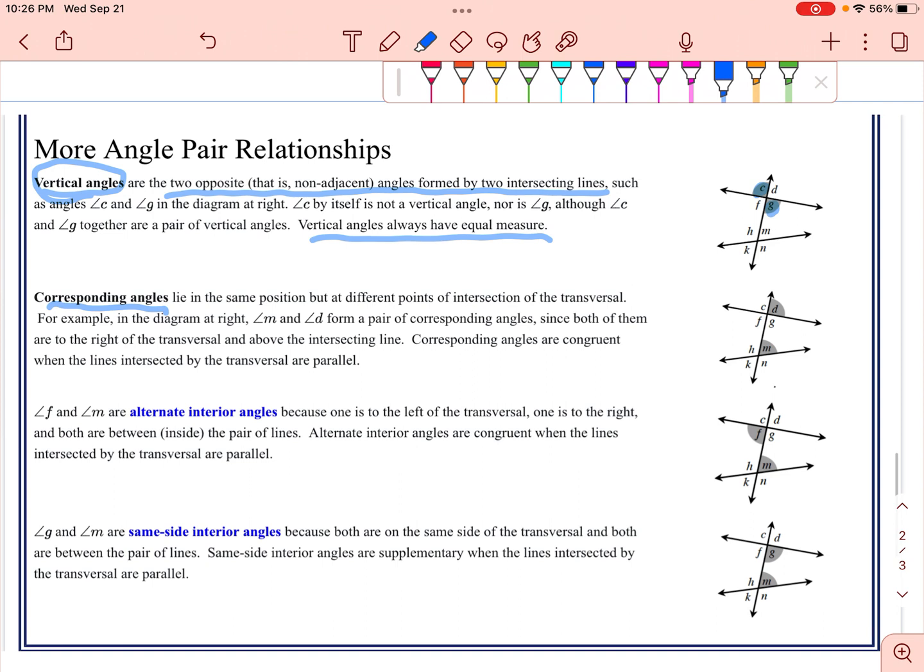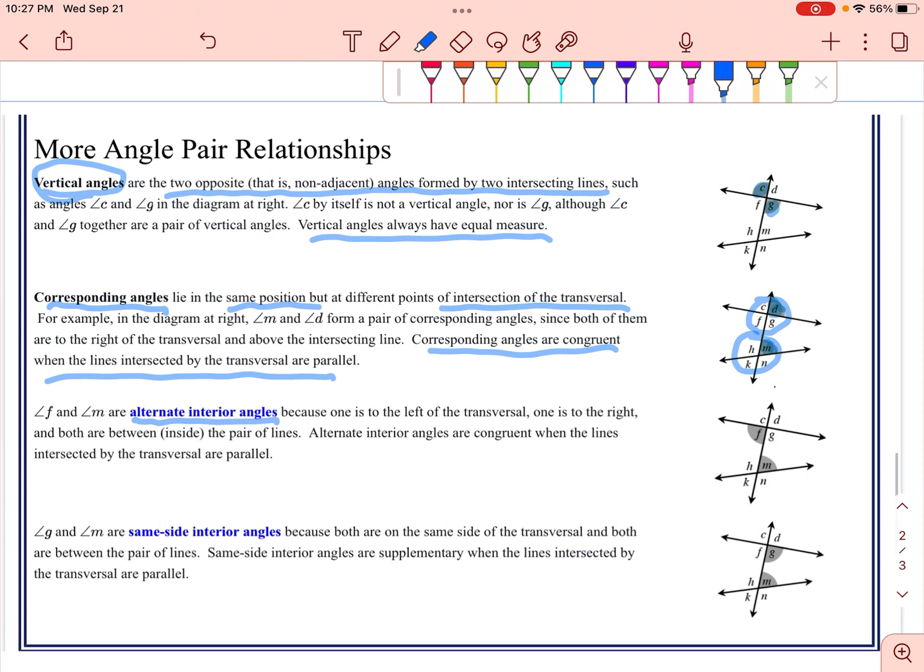Corresponding angles are in the same position, but at different intersections of the transversal. So this is one intersection, this is the other. You can see that D and M are both on the top right-hand side, so those are corresponding. And corresponding angles are only congruent when the lines are parallel, okay?